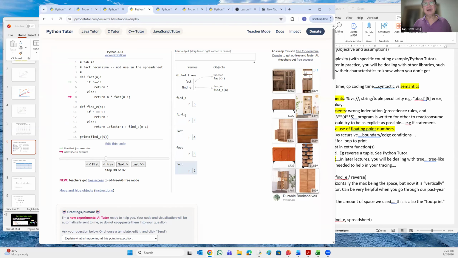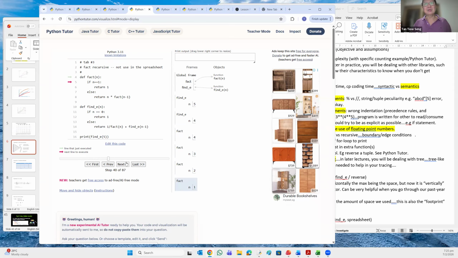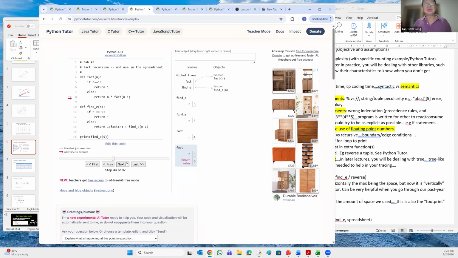You have the find e when n equals 4, and factorial you have to find 4, factorial 3, factorial 2. So not just the find e has linear space needed, the factorial is also linear, but the two linear added together is still linear.